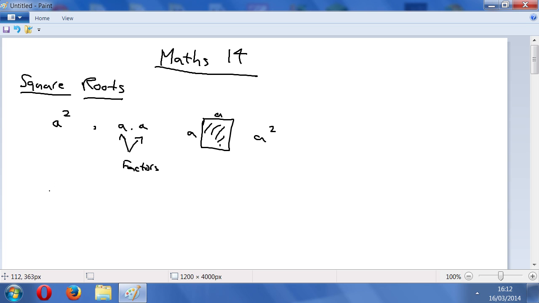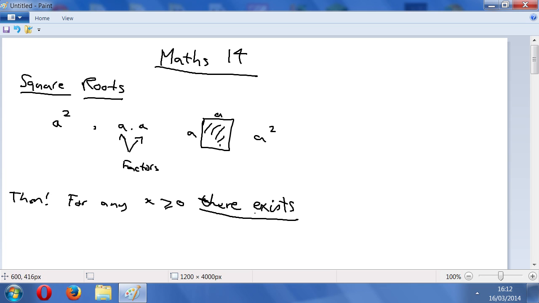But then we need to look at how we can generalize. One of the things we can say here is that for any x greater than or equal to 0, there exists, and you could actually replace that with a symbol, but that's a very important thing.